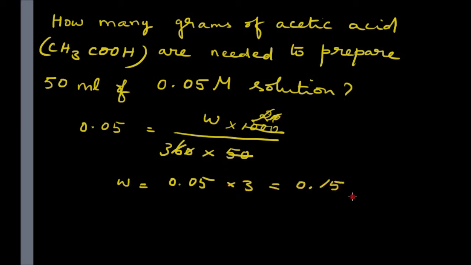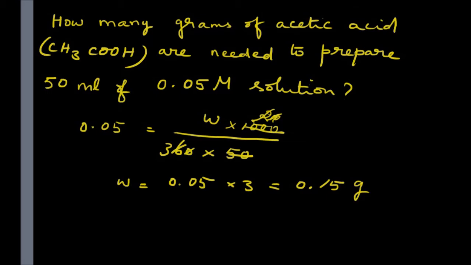That is the mass of acetic acid that you need to prepare 50 ml of 0.05 molar solution. With these two simple problems, I suppose you have understood the calculation involving molarity. I will give you a little more practice now.